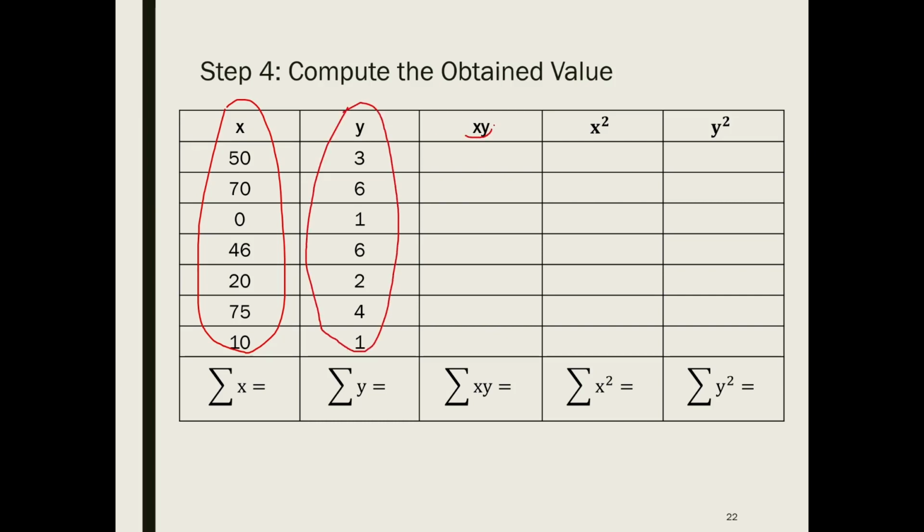The xy means x multiplied by y, then x square and y square, right? The bottom is the total of x, the total of y, the total of x multiplied by y, the total of x square, and the total of y square. It's quite simple. You can pause the video and use your calculator to fill in the blanks.